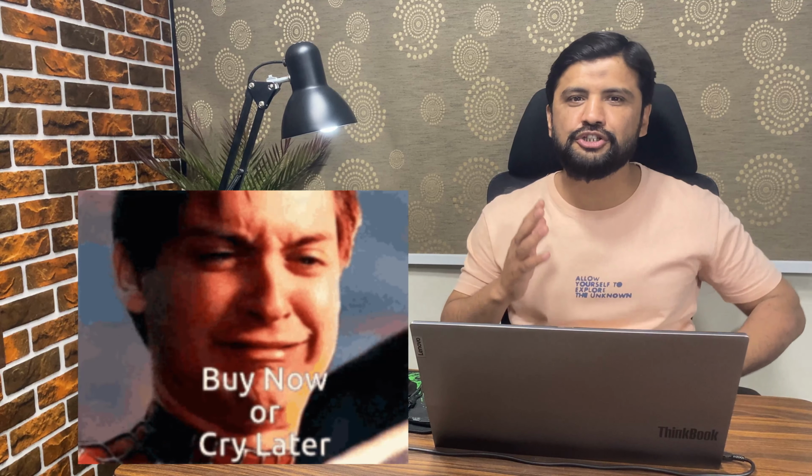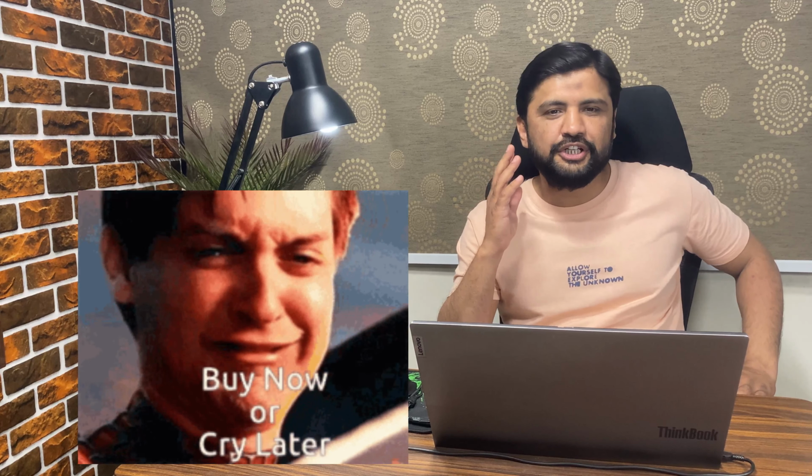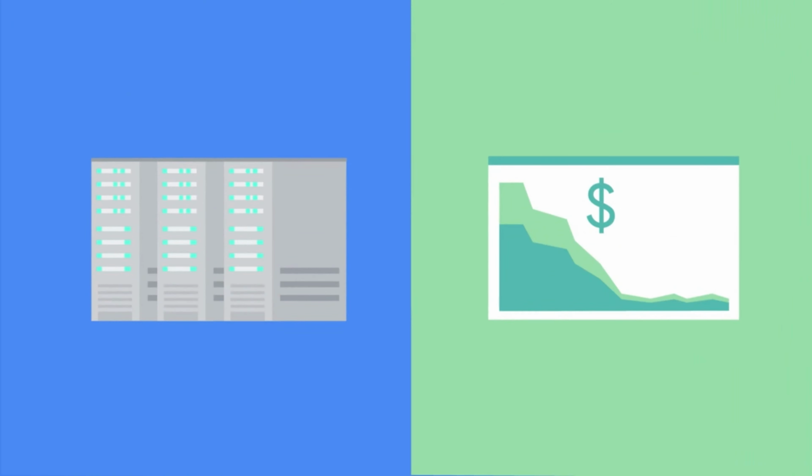So the first thing is that this Proxmox VE virtualization platform is not without any licensing fee. You need to purchase, or pay for, its subscriptions and licensing cost as well.